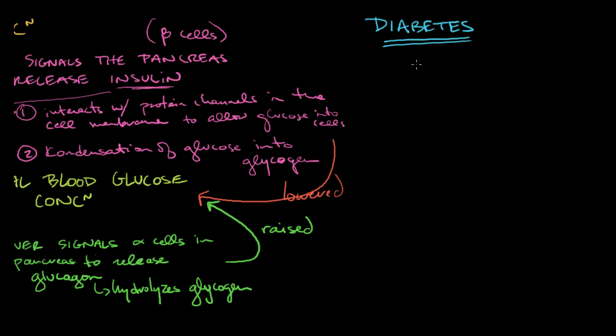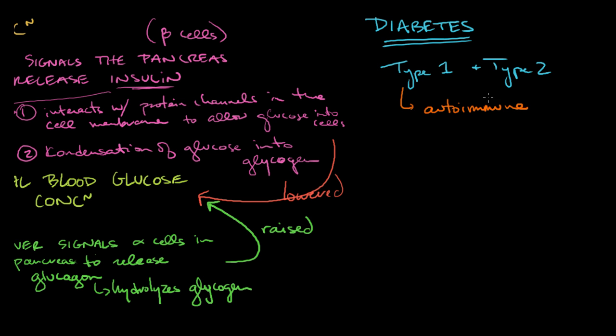But there's a difference between type 1 and type 2. And really, what you should know is that type 1 is an autoimmune disease.